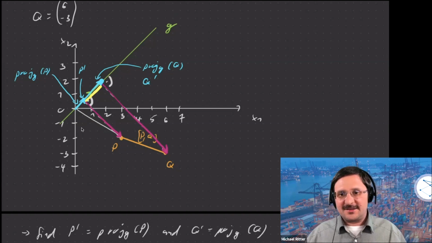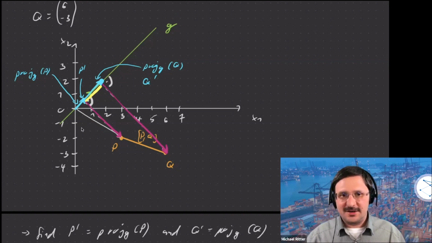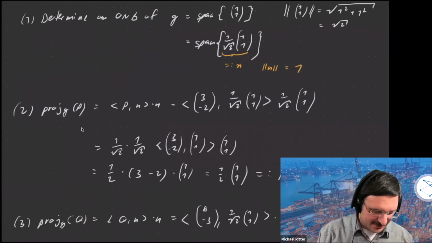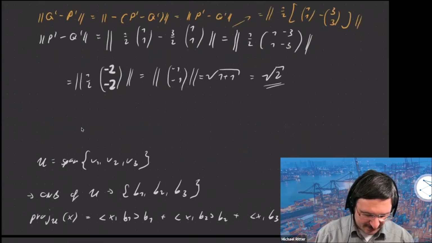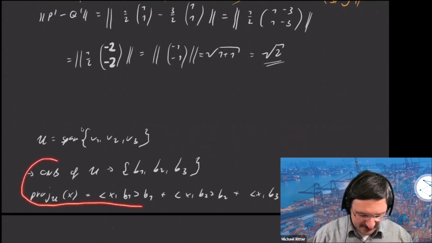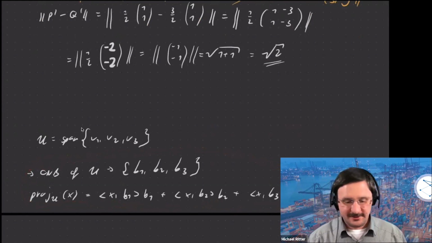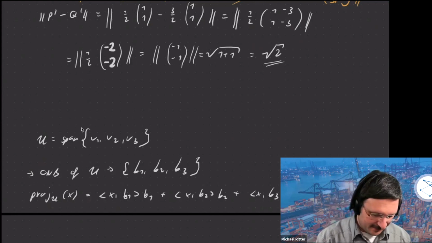If that is described through a system of linear equations, or the solution space of that system of linear equations, that is implicitly described through the matrix A, that's when you use that method. Otherwise, the easiest is usually to use this projection formula here, or this more general projection formula down here. But of course, you need to have an ONB first to be able to do that. And implicitly, all of these are doing the same thing, of course.